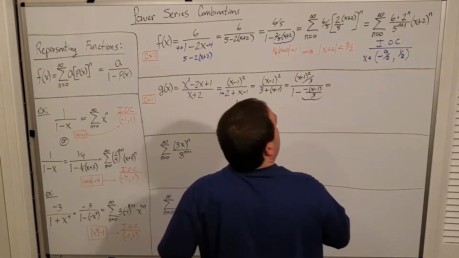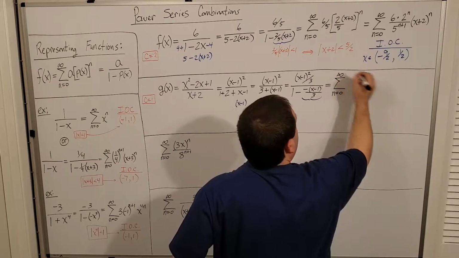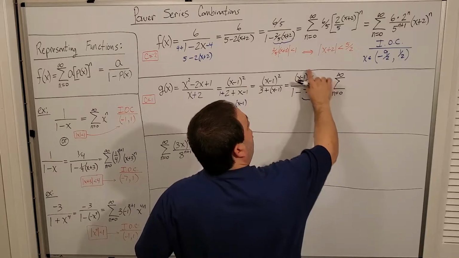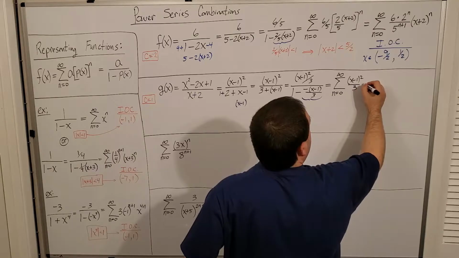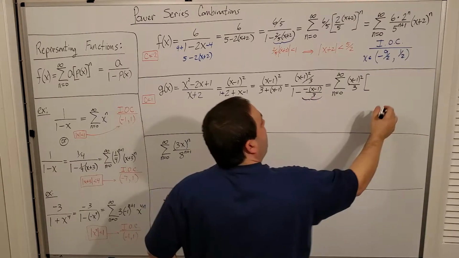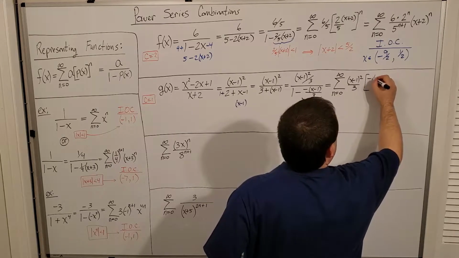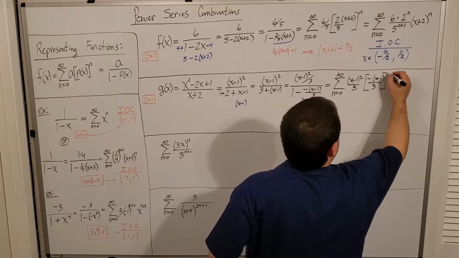Okay, so then this is equal to the sum, n equals 0 to infinity. My beginning term, I have x minus 1 squared over 3 times all of this to the n power. So that's negative x minus 1 over 3 to the n power.